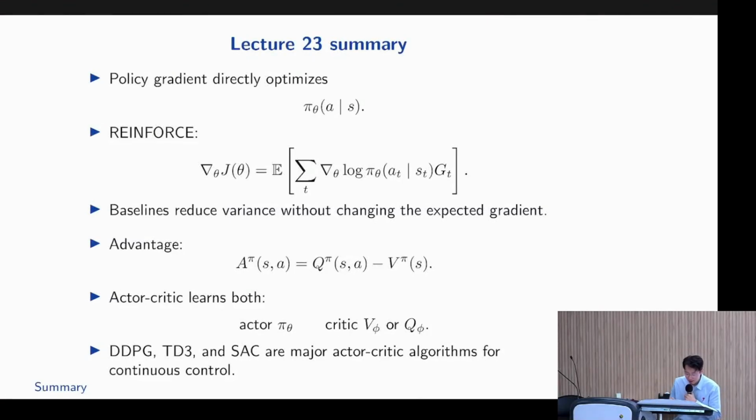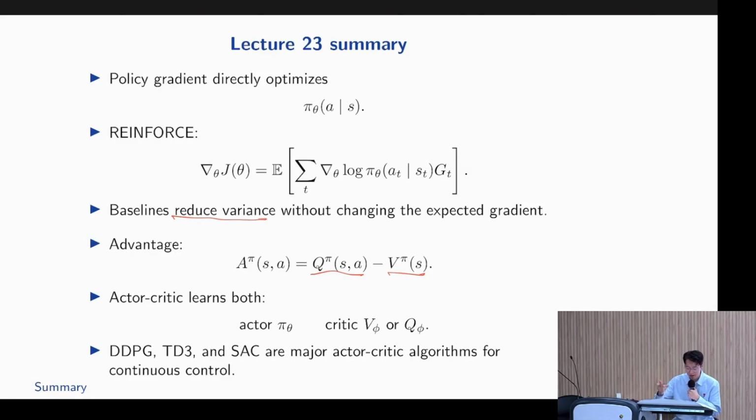So, summary: policy gradient methods directly optimize the policy. We derived the policy gradient, and the baselines reduced variance without changing the expectation. And advantage means: for this immediate consequence or immediate reward, how much better or worse is it compared to the expected value?